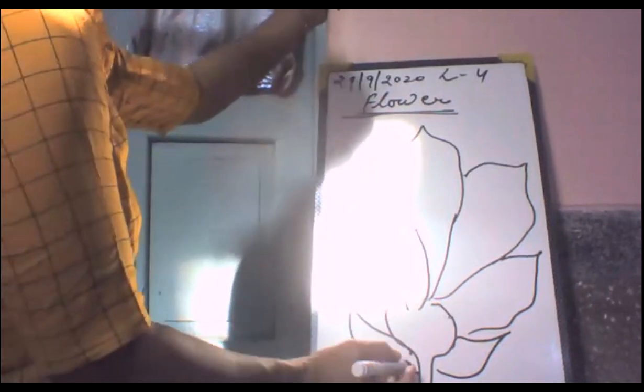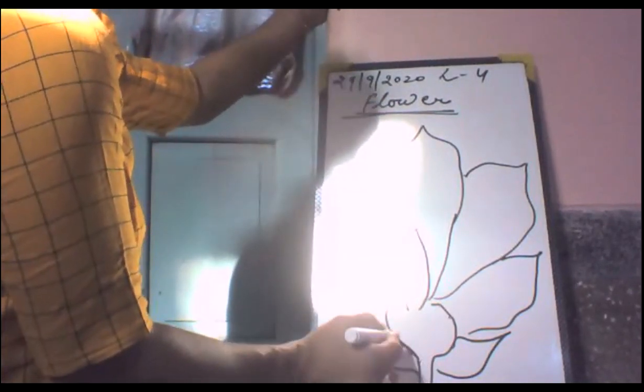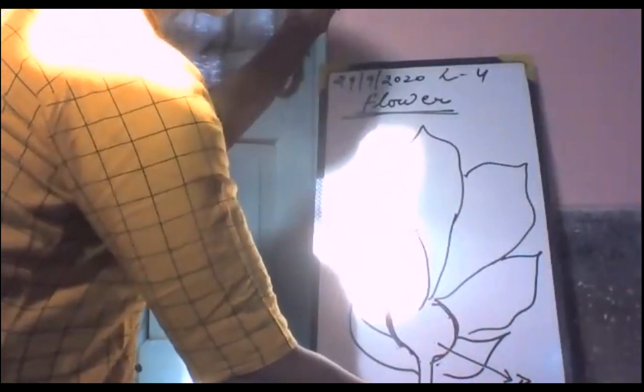The tip of the stalk may also be enlarged. This is the tip of the stalk, enlarged and swollen up. This part of flower is known as thalamus or receptacle.